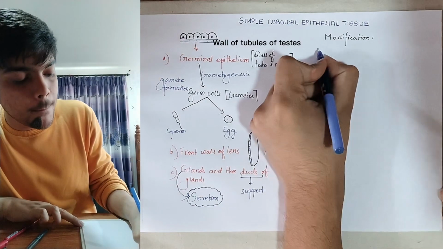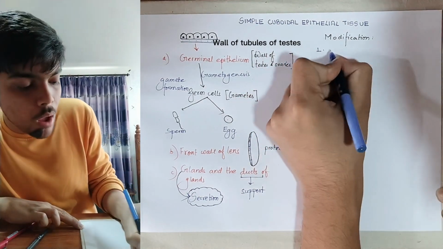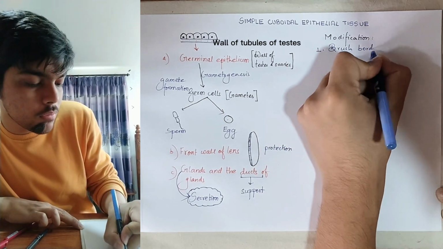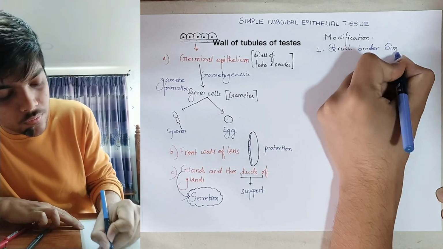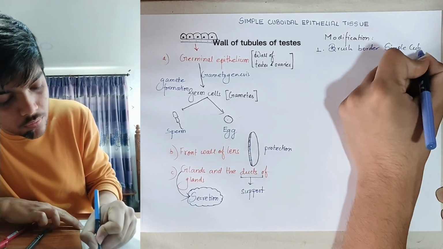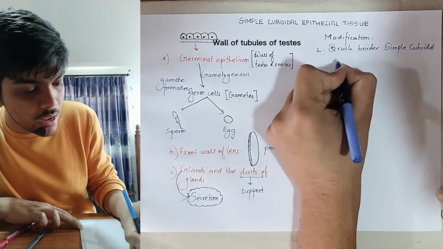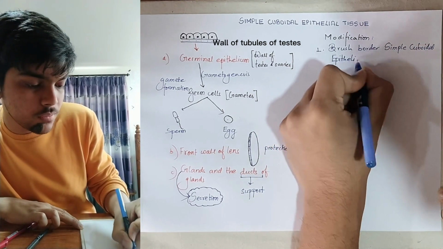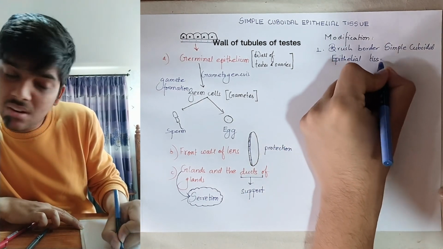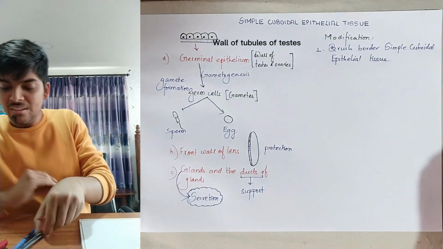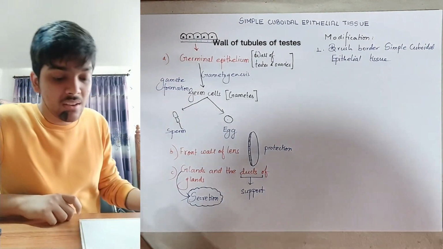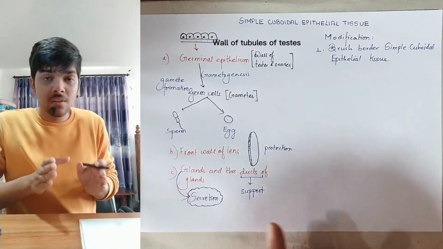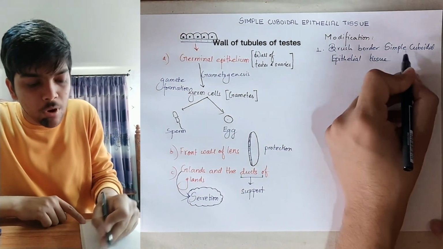Modification number 1 is your brush border simple cuboidal epithelial tissue. The name seems long, but do not be intimidated by it, because it's really simple. Just break it into words. First is simple cuboidal epithelial.